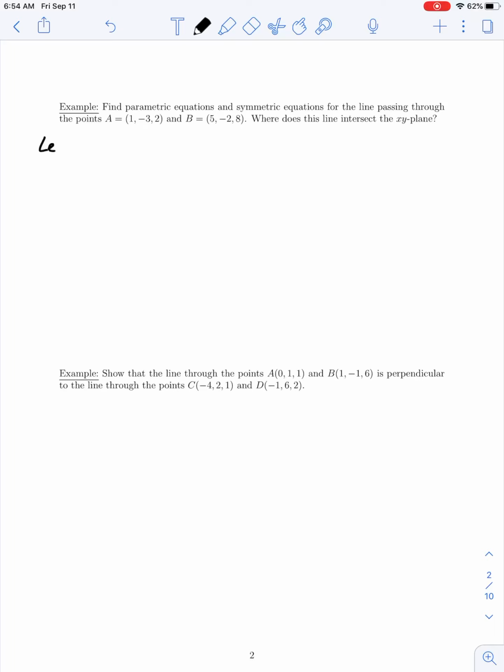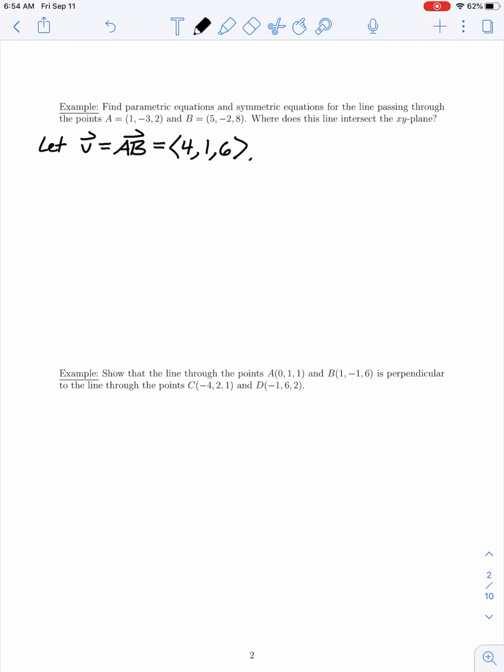So let me start by saying, let us take our direction vector v to be the vector from point A to point B, whose components would be 4, 1, and 6.